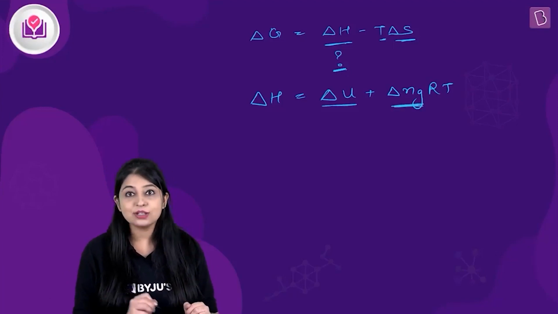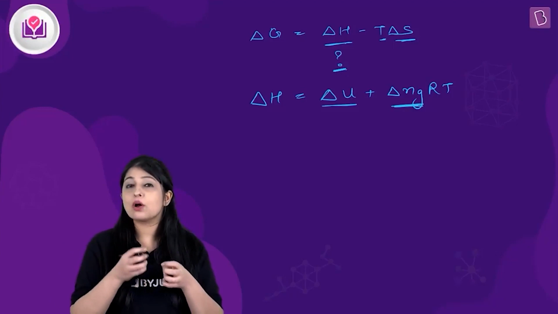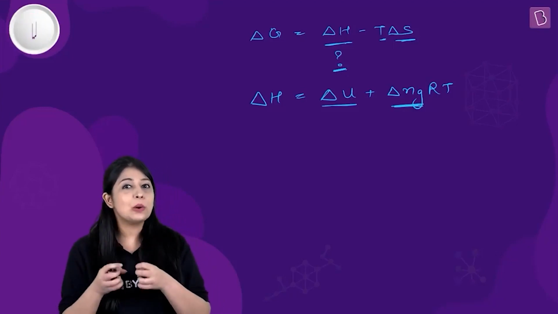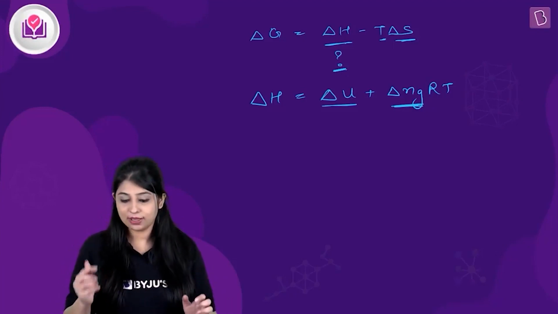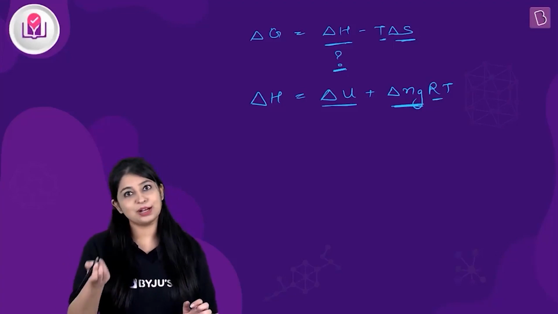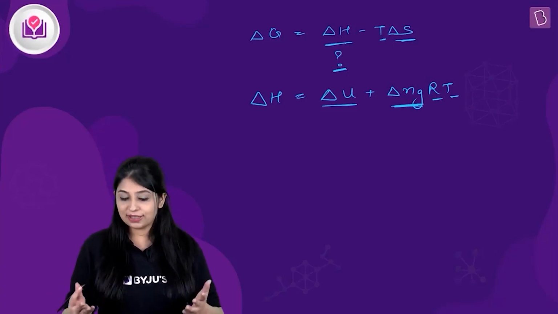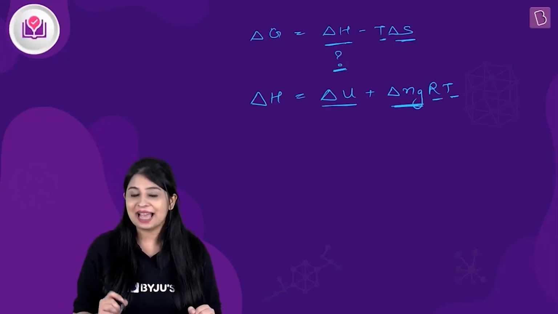What is delta Ng? Delta Ng is the total number of moles of the product in the gaseous phase minus the total number of moles of the reactant in the gaseous phase. Okay, what is R? Well, R is our universal gas constant and T is our temperature. So everything is given to us to find our delta H, which is change in enthalpy.